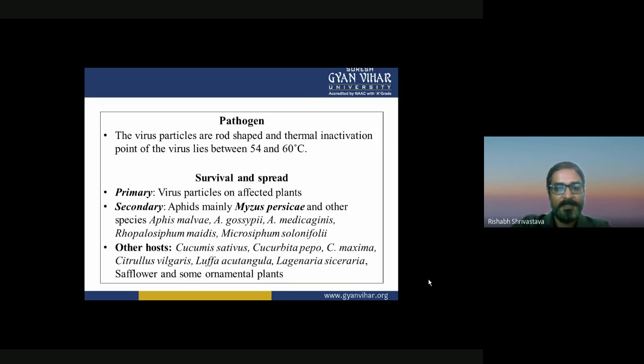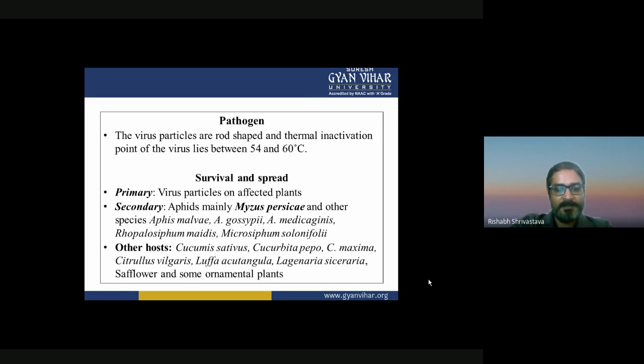Secondary: aphids, namely Myzus persicae and other species, Aphis malvae, Aphis gossypii, Aphis medicaginis, Rhopalosiphum maidis, Macrosiphum solanifolii.